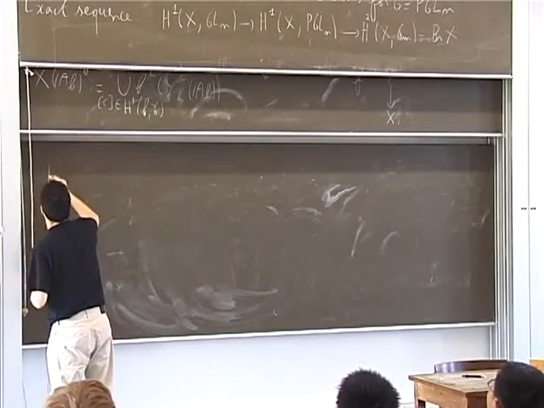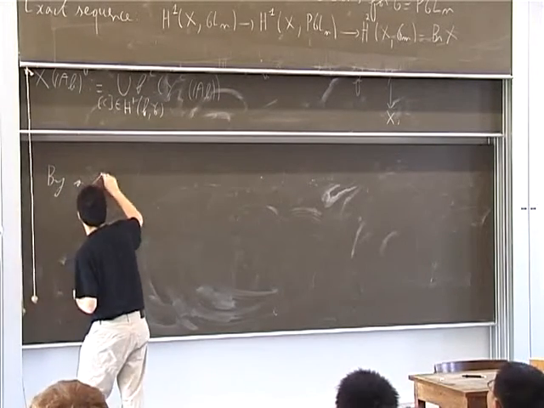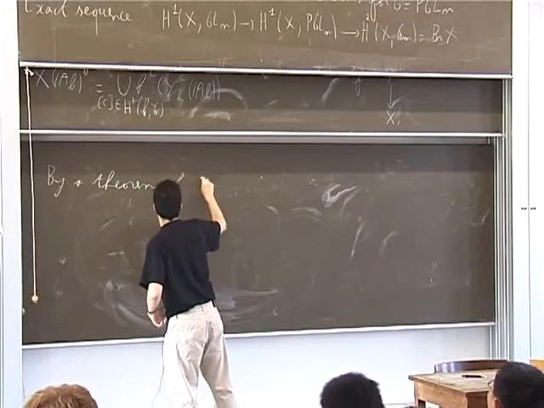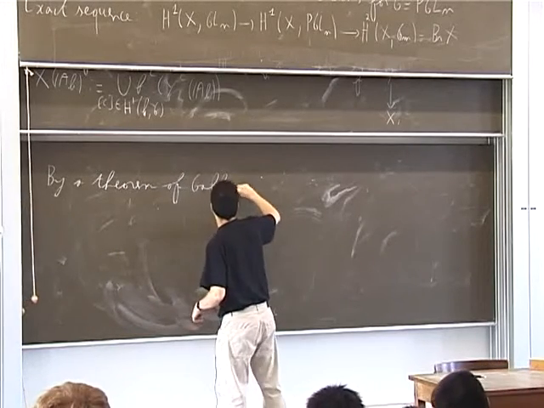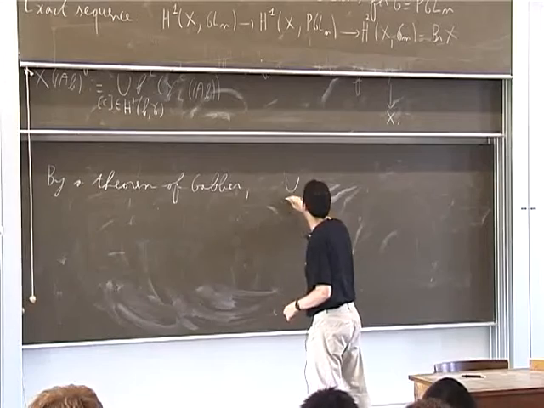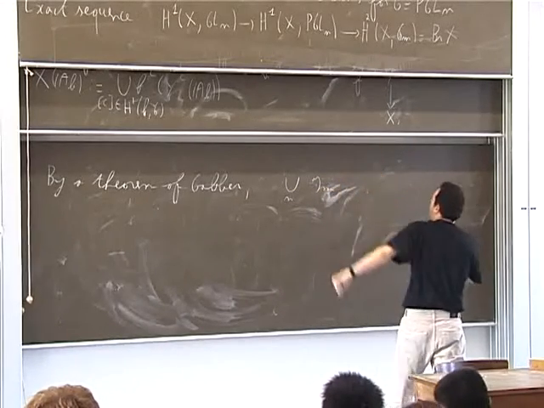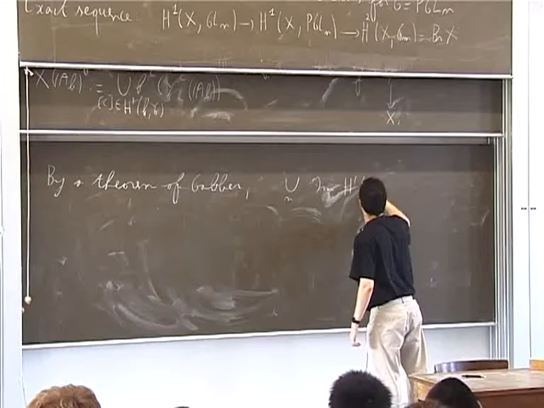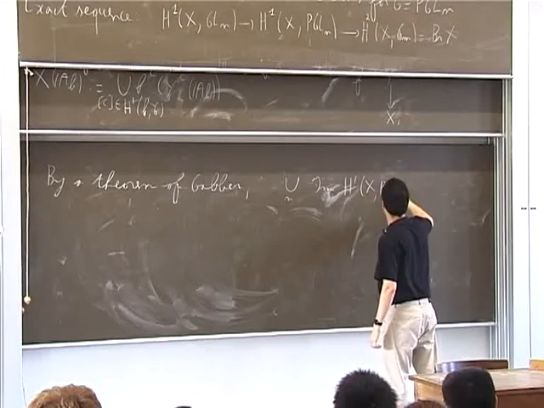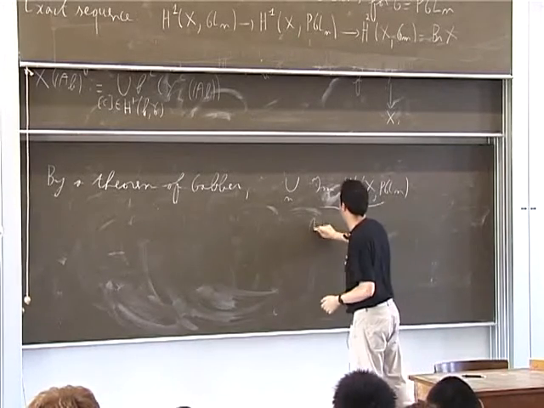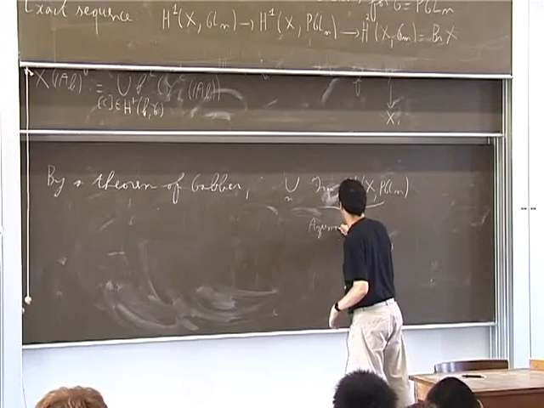So by a theorem of Gabber, if you take the union for all n of the image of H1 of X with coefficients in PGL_n, so by definition, this is the classical Azumaya-Brauer group.